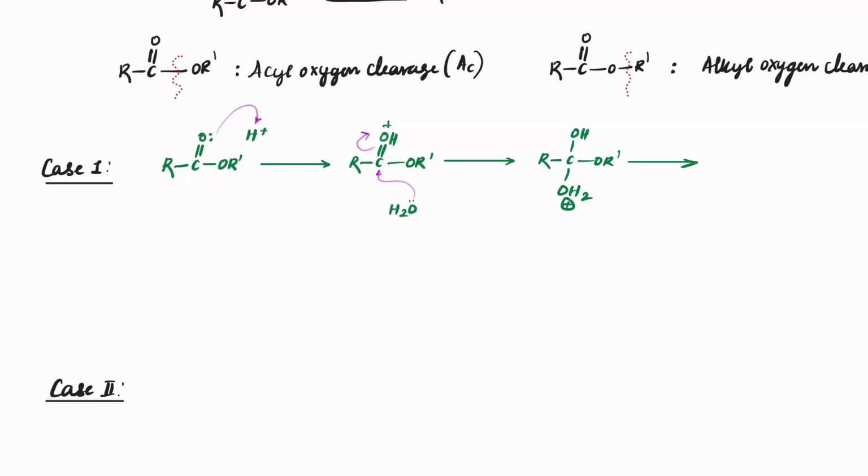Now from here, the hydrogen will get migrated, that is, a proton transfer will happen. So we'll get this as RC-OH, and this will get the hydrogen here on plus charge, and R dash and another OH group here.